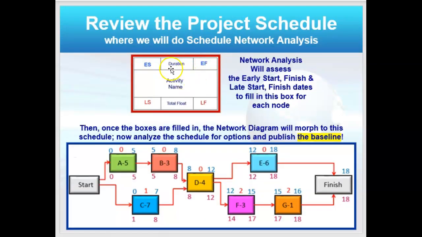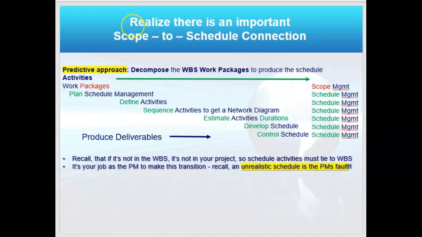Then I take this and do network analysis, so I figure out the duration, and I end up filling in this box for each one. And then I do my network analysis. Now I can analyze my network based on not just the relationships, but on the time it takes also. How could I do it better? Are there other ways to do this?